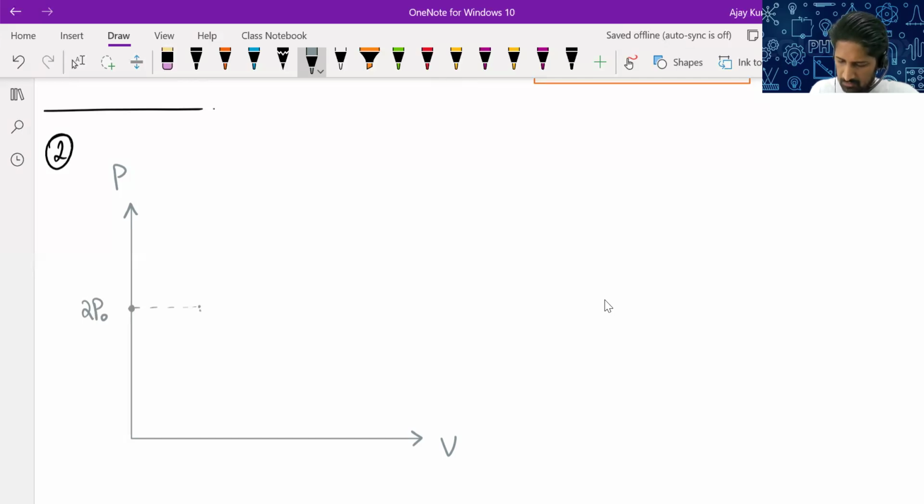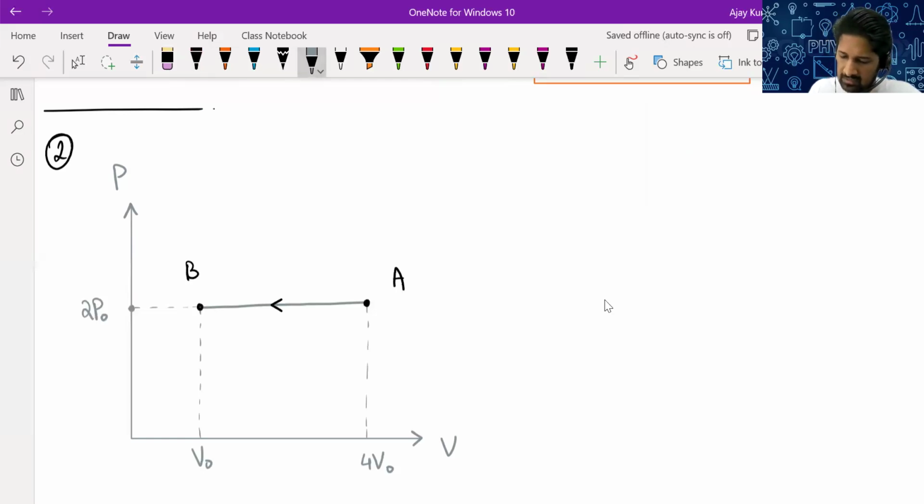And let's say the volume of the gas, assume this is V naught. And this volume is 4 V naught. The system is being taken from state A to state B. So this is the direction in which the process is carried out.